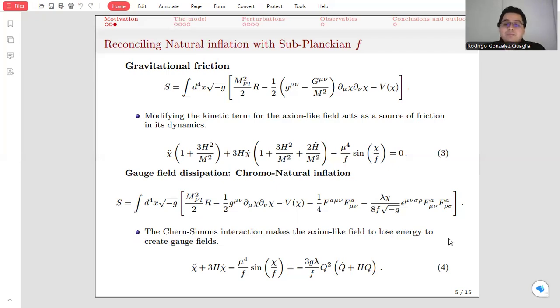Indeed, this term, when looking at the equation of motion for the axion, will serve as a source term. Therefore, as the axion rolls down its potential, it will shed energy into the gauge sector, thus losing energy itself, allowing for sub-Planckian values of the decay constant.